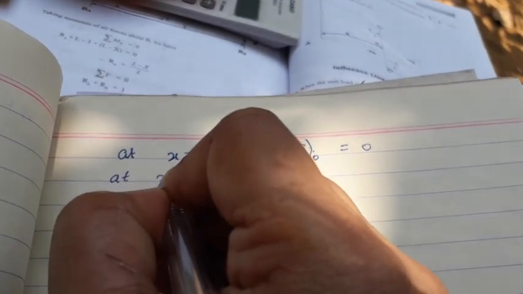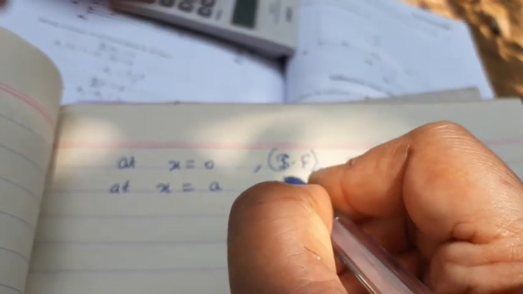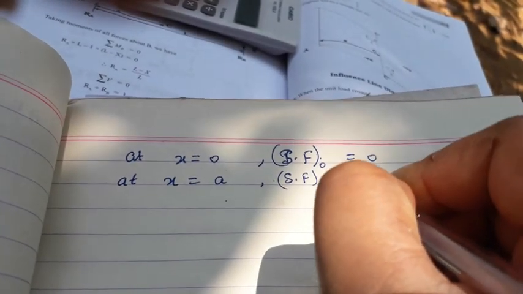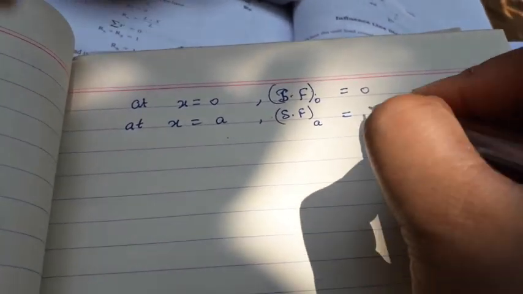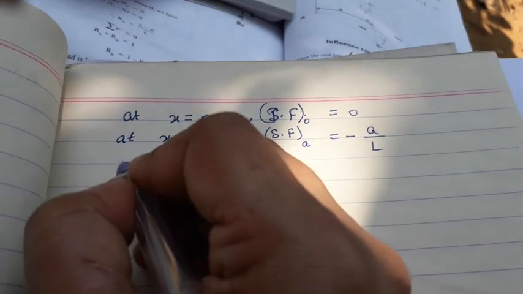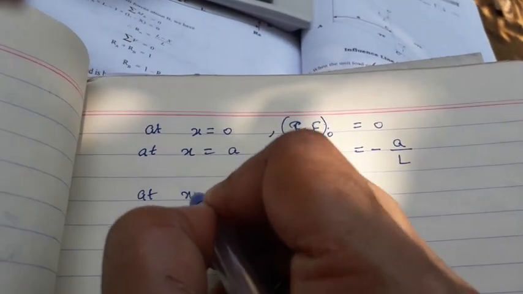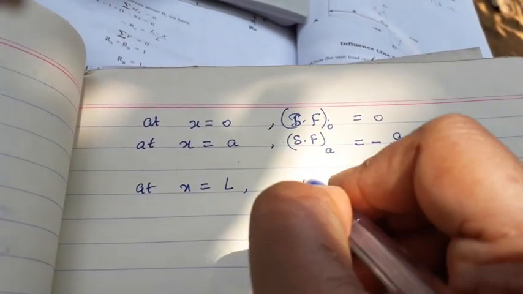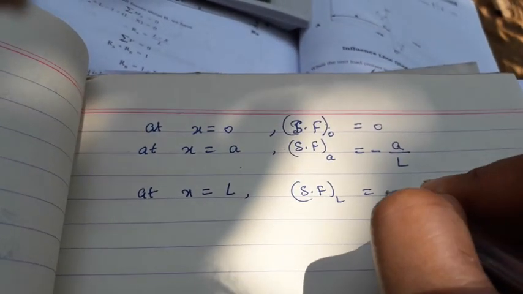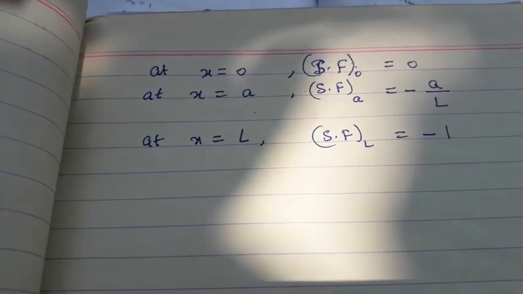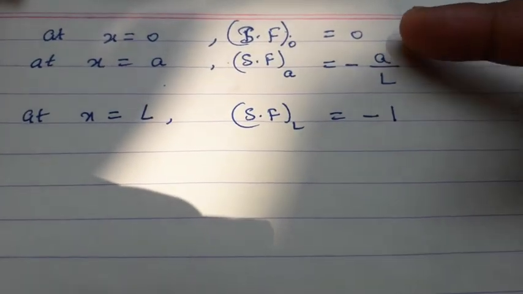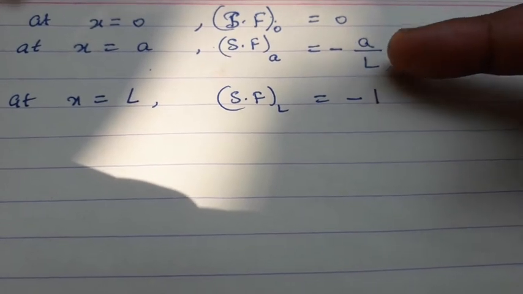At x is equal to a, shear force at a is equal to minus a by L. At x is equal to L, shear force at L, you will get as minus 1. So here you get it in terms of minus. This is for case 1.